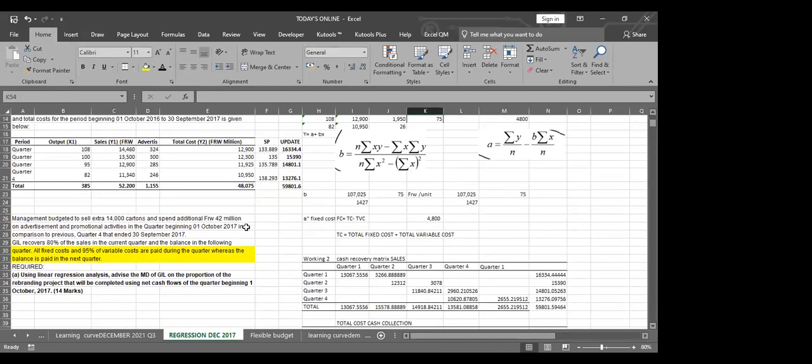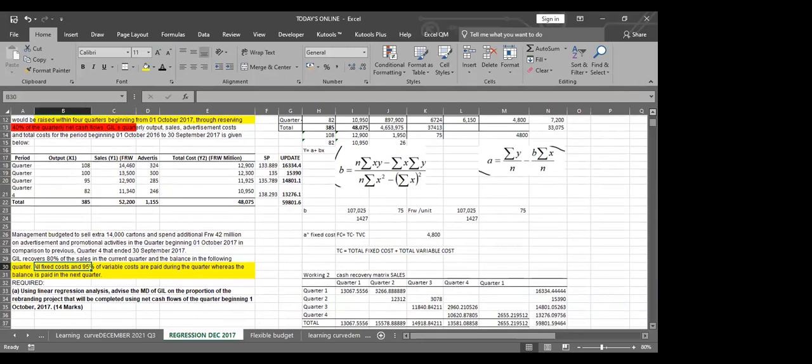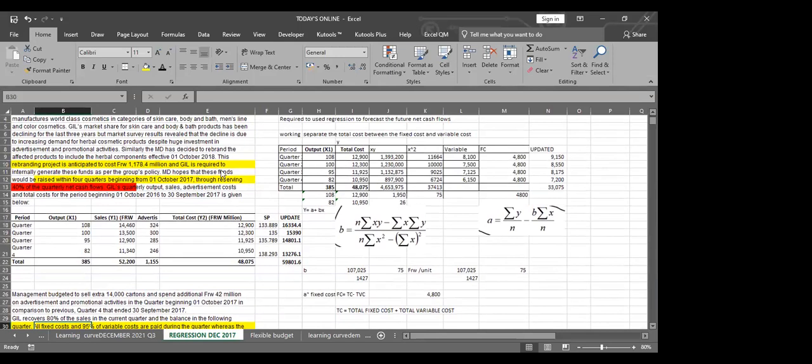But let me check again. There is something they said. Let me see. What was the regression supposed to use? They said they raised the first quarter through reserving 40%.